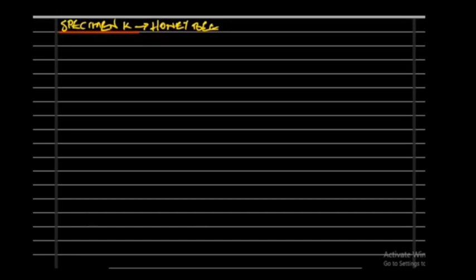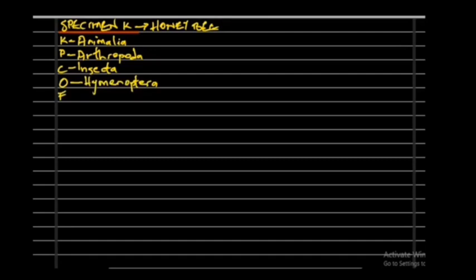The kingdom is Animalia, the phylum is Arthropoda, the class is Insecta, the order is Hymenoptera, the family is Apidae, and the genus is Apis, and species.